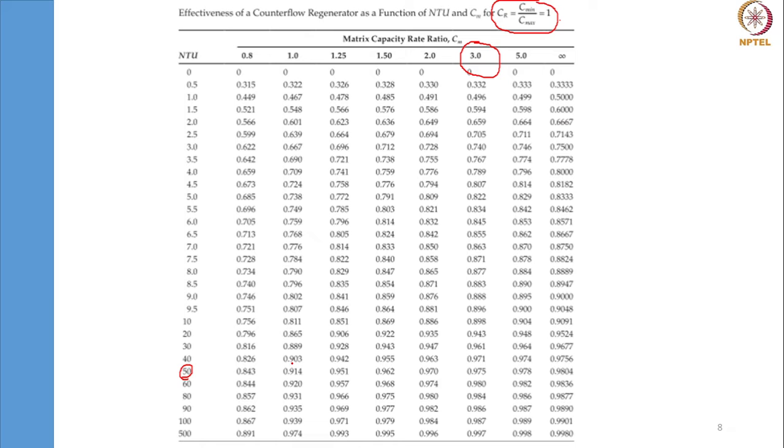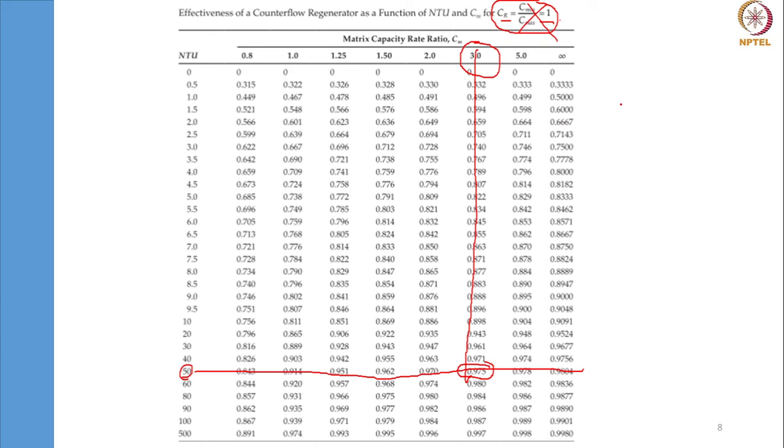It is not pertaining to our problem, but in case we were lucky enough to have CR equal to 1, this is the procedure we would follow. So for NTU of 50 and matrix heat capacity ratio of 3, we would have directly got the effectiveness of the heat exchanger as 0.975. But in our problem, we don't have this condition.